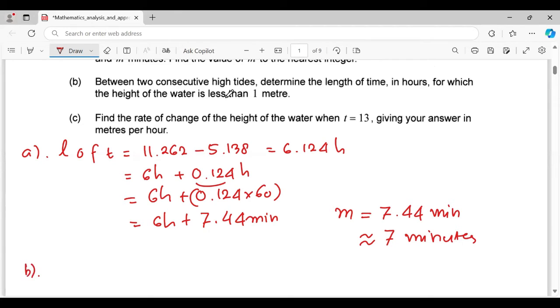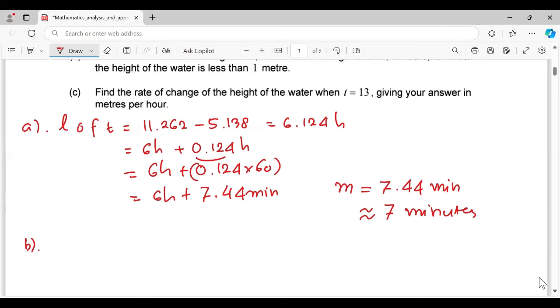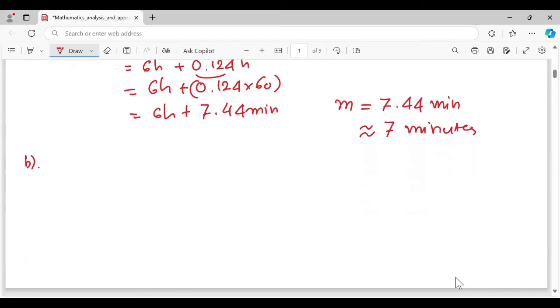Between two consecutive high tides, determine the length of time in hours for which the height of the water is less than 1 meter. Less than 1 meter. It means like this.